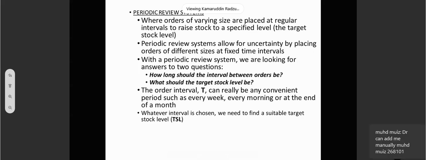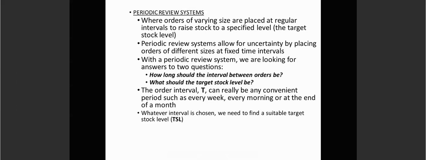The next topic will be dependent demand inventory system, and we will discuss more with the resource planning with the MRP system. Okay, kalau tidak ada apa-apa soalan lagi, kita sambung perbincangan kita pada minggu hadapan.